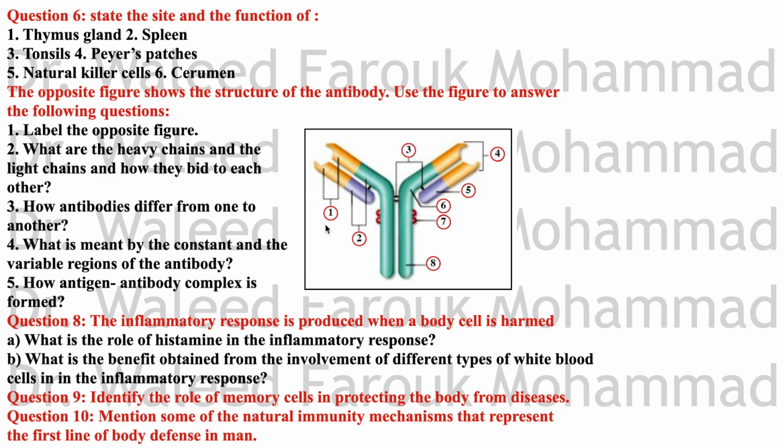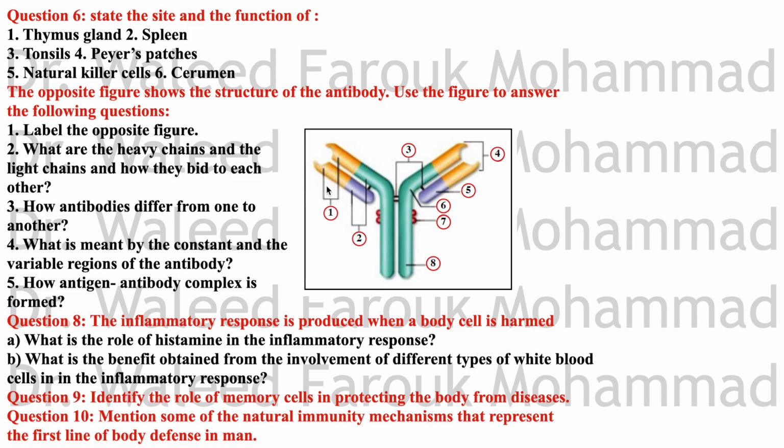This is the variable site of the antibody. 2 is the constant site of the antibody. 8 is the heavy chain. 6 is the hinge, ده المكان ده اللي هو complement binding site اللي هو 7 complement binding site, and D disulfide bonds اللي هي connects the heavy chains مع light chains, وده اللي هو الانتيجين antibody او antigen binding site. اوكي, دي بالنسبة للليبلز على الفيجر.